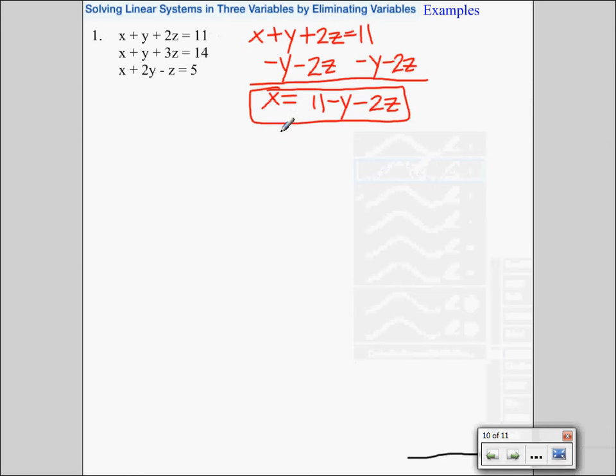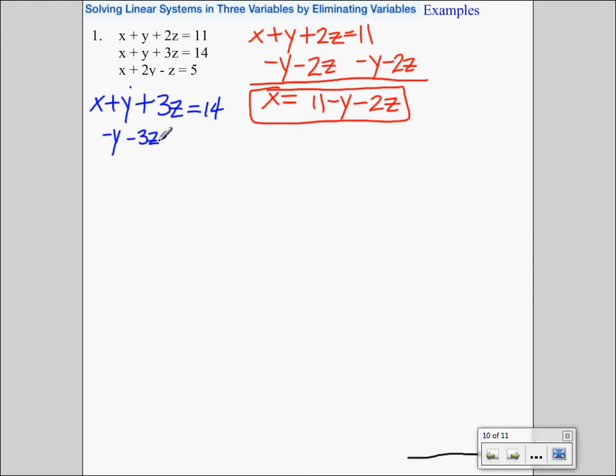And I would take the second equation, x plus y plus 3z equals 14. And again, we're going to make something equal x. So in one step, let's subtract the y and the 3z on both sides of the equation.